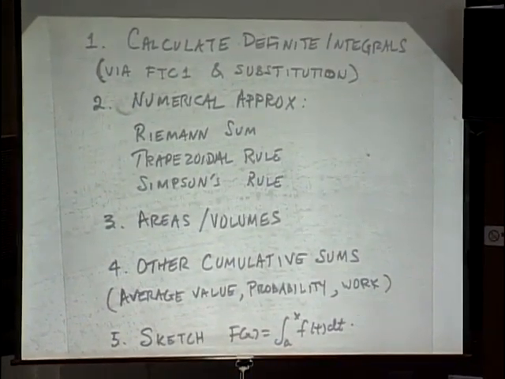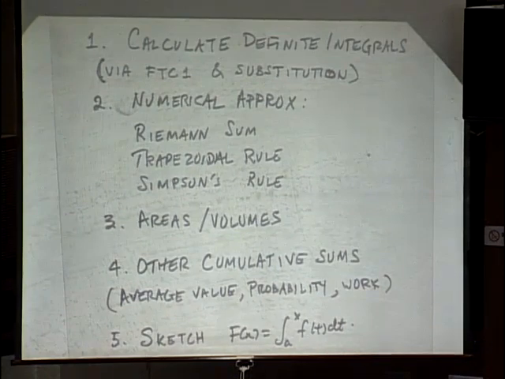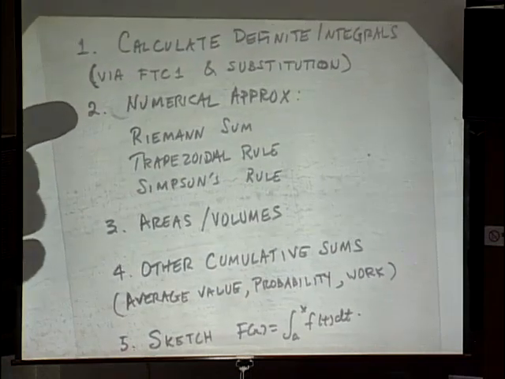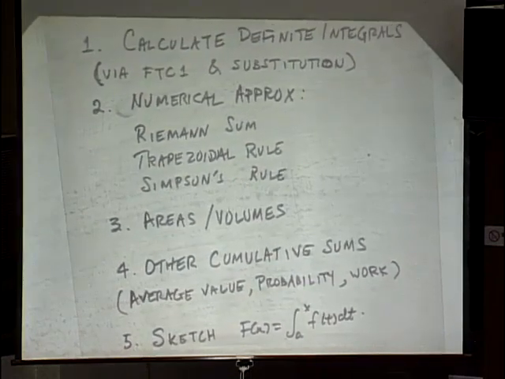It's worth looking at. And you'll see in the descriptions on this sheet that what I'm describing is what's on that test. This is also posted on the web. You'll be expected to calculate some definite integrals using the fundamental theorem of calculus, and do a numerical approximation.